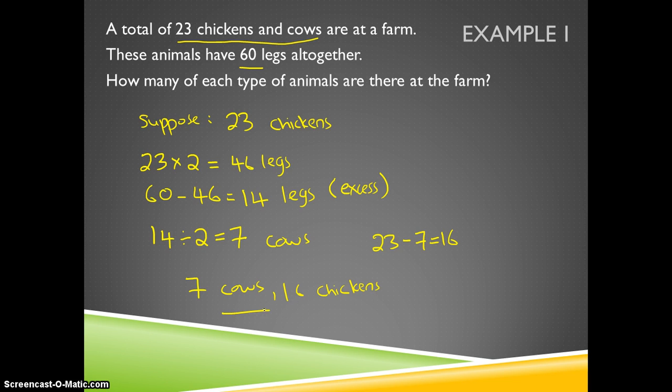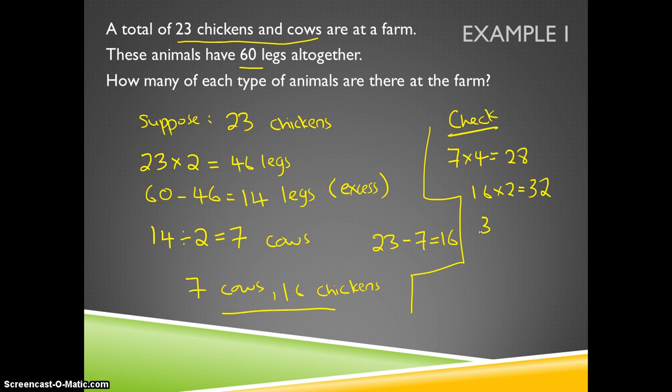That's my answer. But let's always learn to check. Let's verify to make sure it's correct. 7 cows, 7 times 4, and that will give me 28. 16 chickens, 16 times 2, and that gives me 32. 32 plus 28 will be 60. So I am correct.